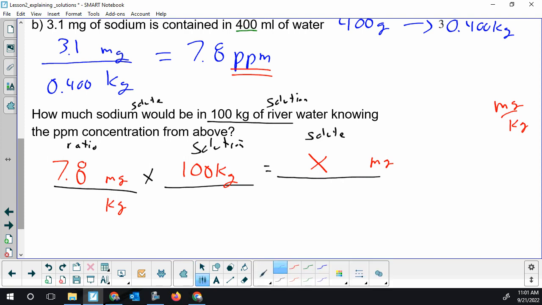If everything is set up right, the units should work out. Kilograms would cancel kilograms, and the milligrams would pull forward as our answer units. So the sodium is going to be 7.8 times 100. So 780 milligrams.